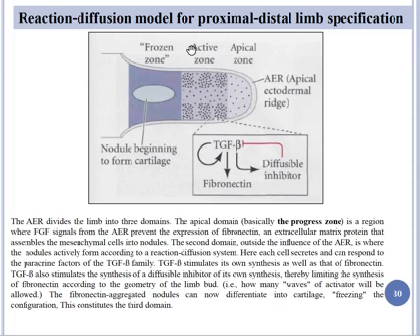While the active zone is far away from the AER, so it cannot be affected by the FGF. But this active zone is affected by another paracrine factor of the TGF-beta family. So in this zone, TGF-beta will stimulate its own synthesis. It's an autocrine loop.